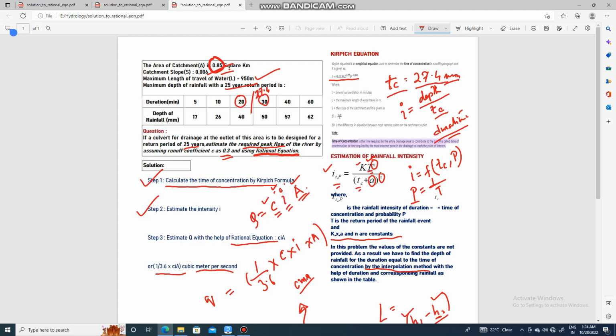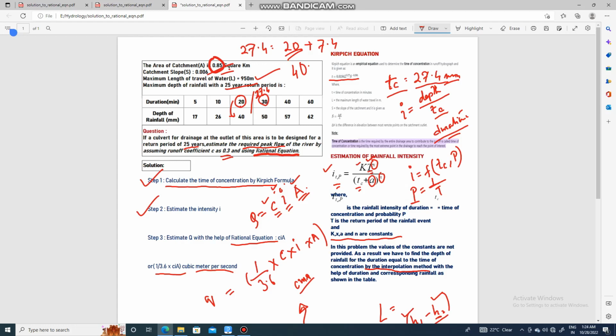So if I write 27.4 as 20 plus 7.4, I have the corresponding depth of rainfall for the duration 20 minutes, which equals 40. So 20 minutes of duration contributes 40 millimeter of rainfall, right?